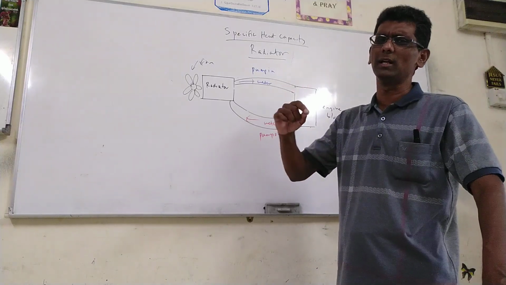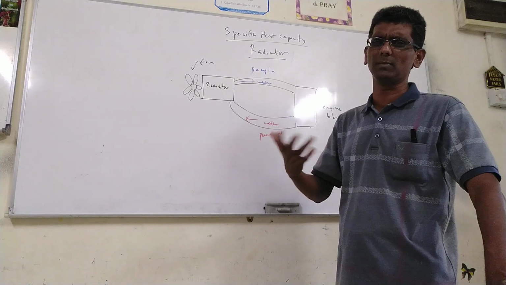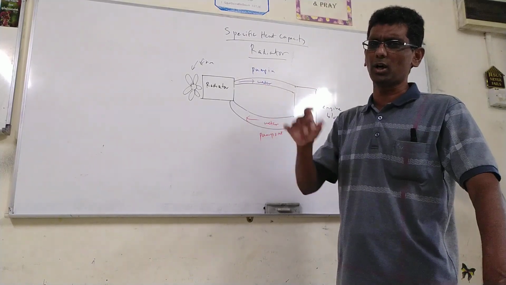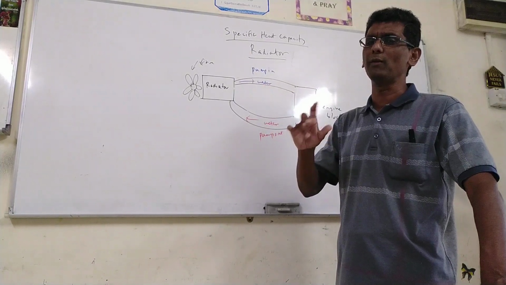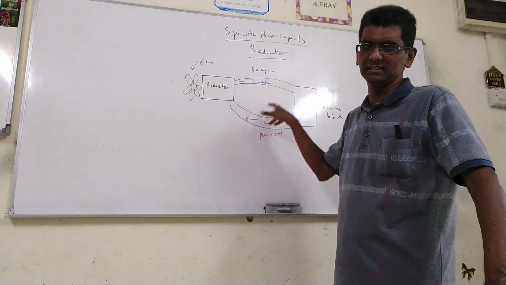They add some colored liquid, something like red, pink or blue, because they want to prevent rust in the engine block or car radiator.